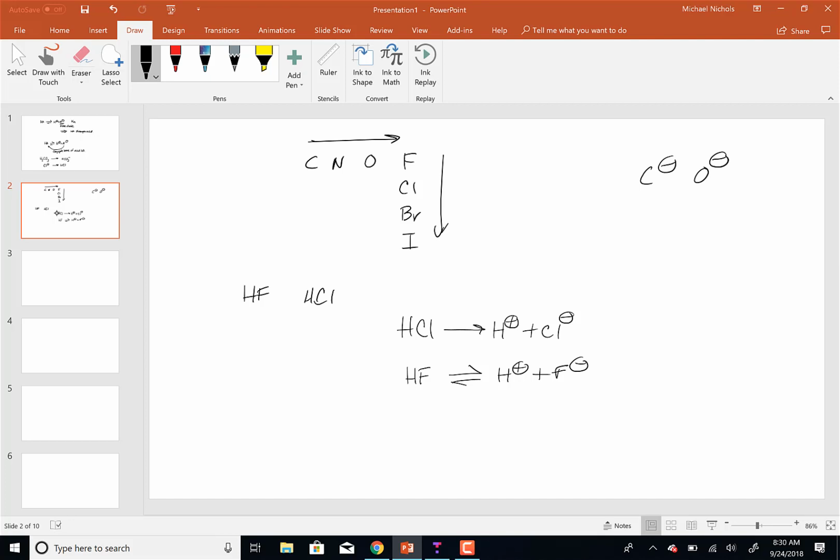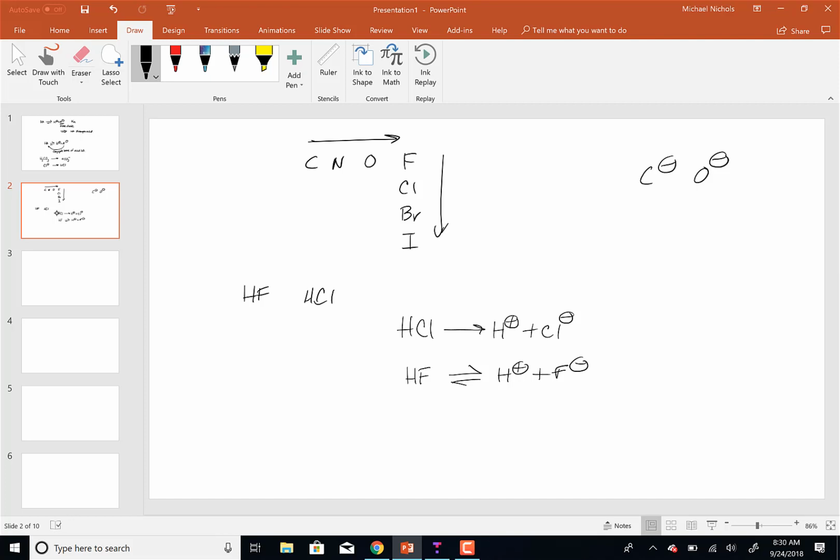C minus? Do we all agree on that? So C minus is stronger than O minus because I'm going now in the opposite direction.